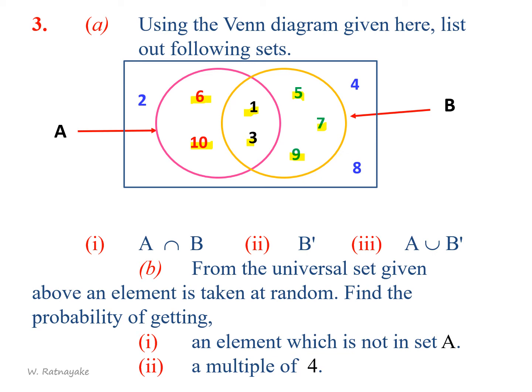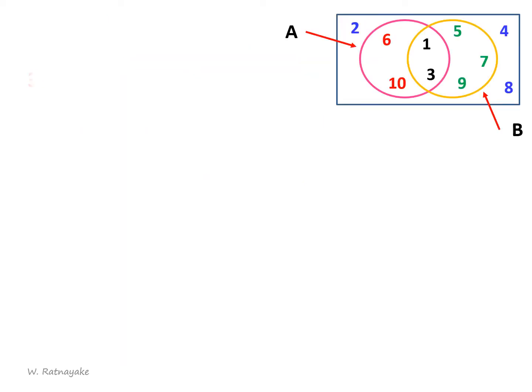A intersection B is 1, 3. You have to include these elements in curly brackets. Therefore, the answer for the first part must be 1, 3 within curly brackets.